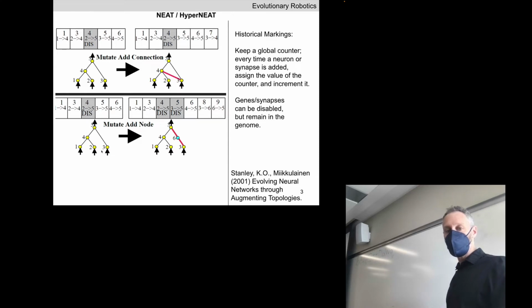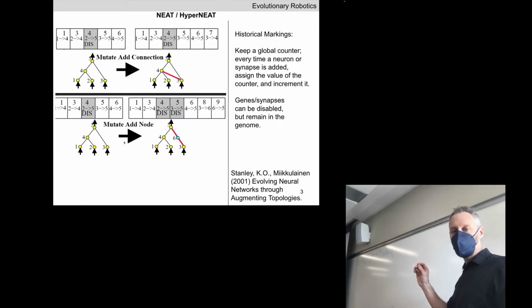So in this example here, assume, I guess in this cartoon it looks like it's the same network. Assume this is a different network in the population. It also gets hit with a mutation. In this case, the mutation is going to add a neuron that sits between neuron 3 and 5. We're only showing in this cartoon the list of synapses. We're not showing the list of neurons.